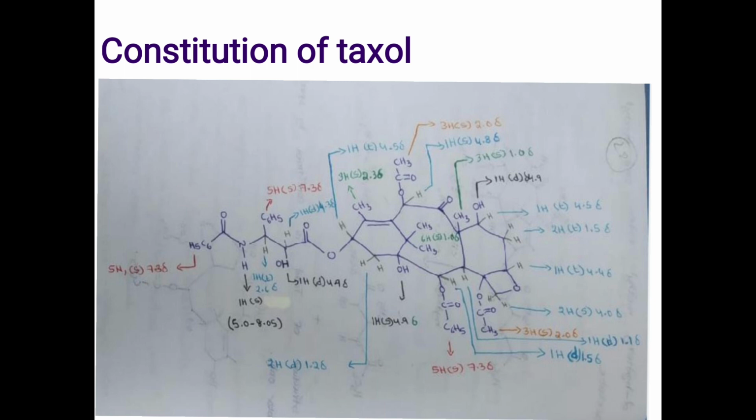The proton on the oxygen atom gives a signal at 4.9 delta.